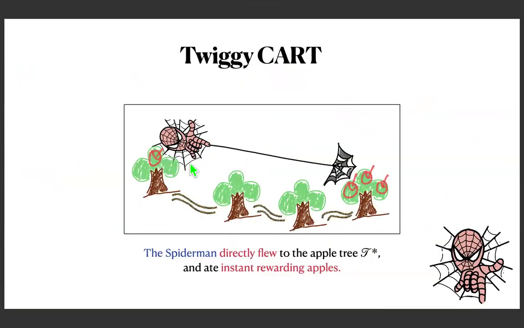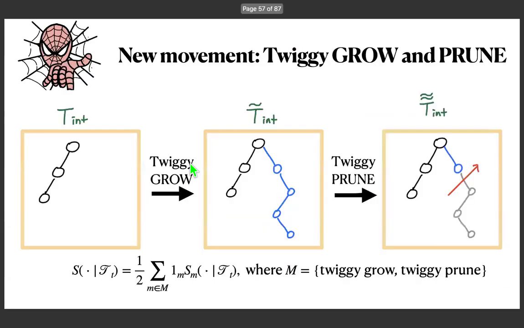Okay, so now I will explain our new movement idea to overcome this scenario, these disconnected signals. The idea is simple. We will just fly. So instead of adding and cutting one single node, we will add and cut a twig. A twig means a tree that has only one node on each level.